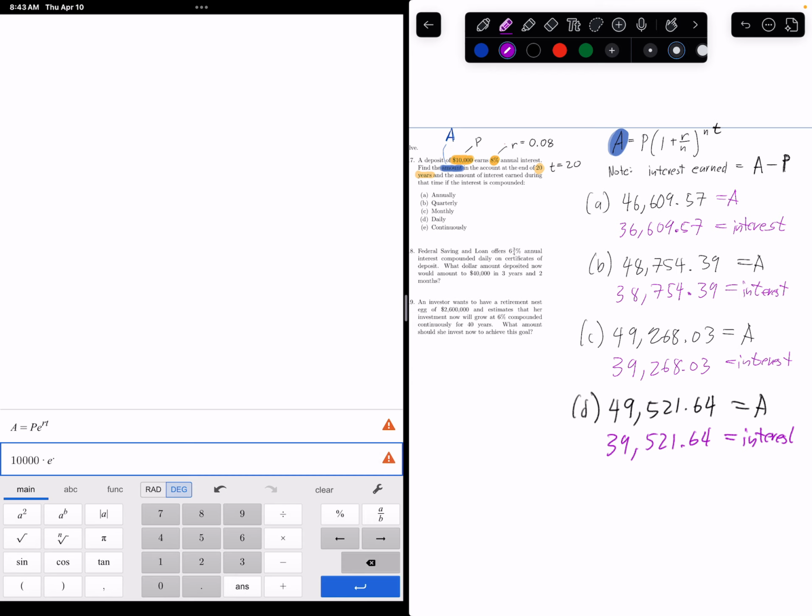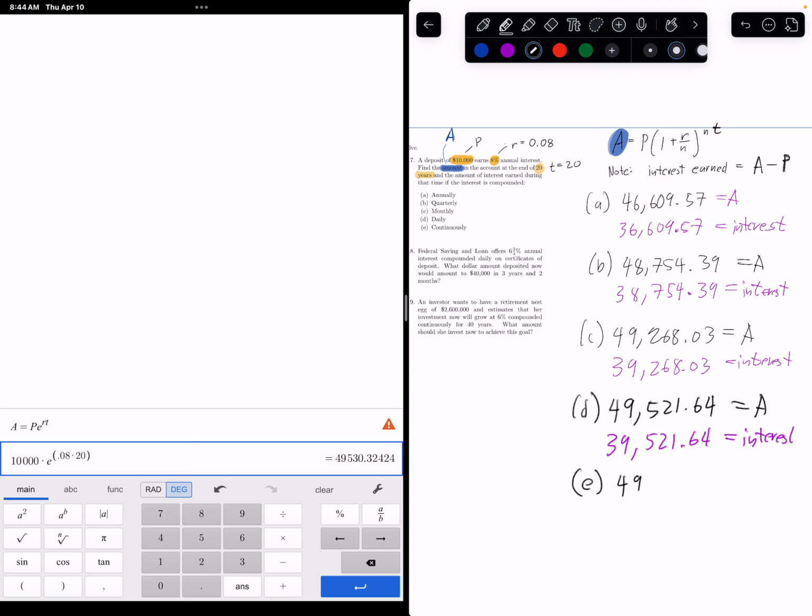For exponents, I want to make sure I have my exponent in parentheses. RT, so 0.08 times 20, and then close my exponent parentheses. And you see it pop out right there, yeah? So this is the letter E for the step E, continuously, not to be confused with the natural constant.